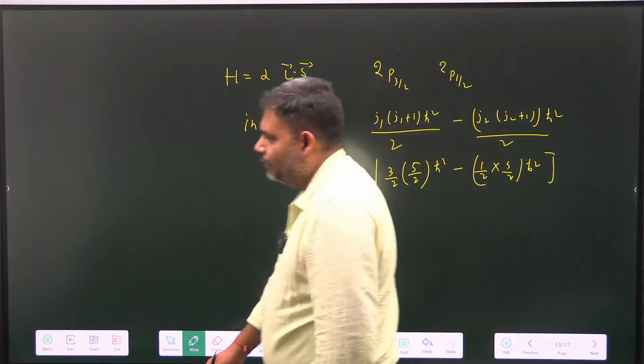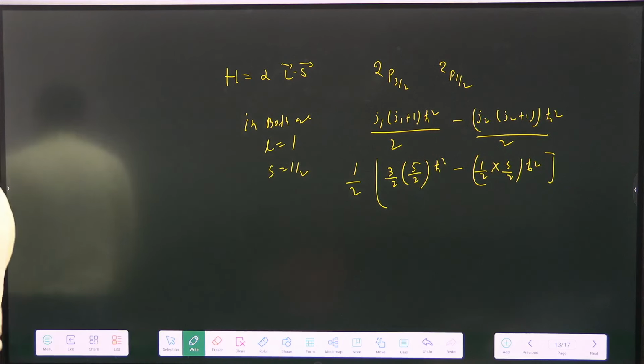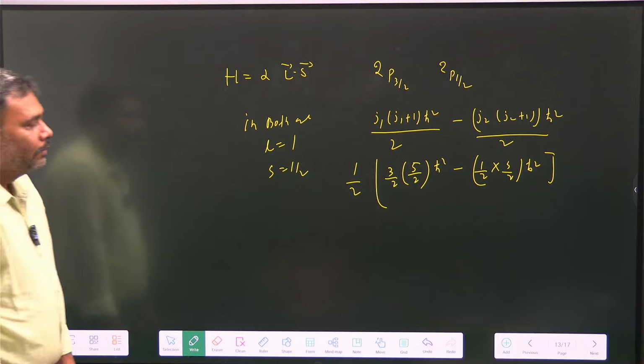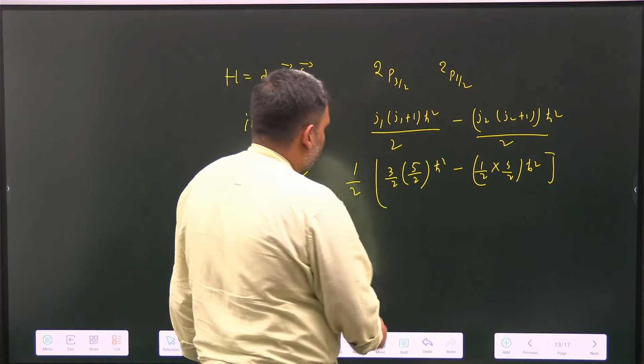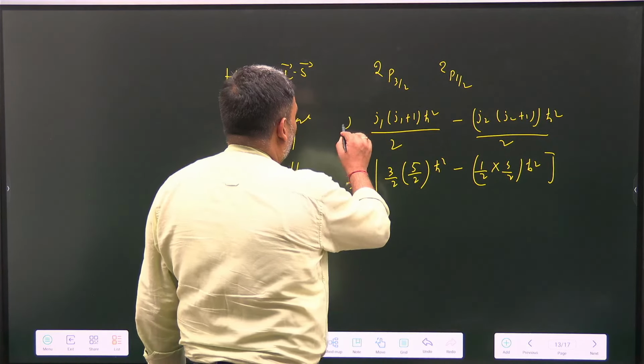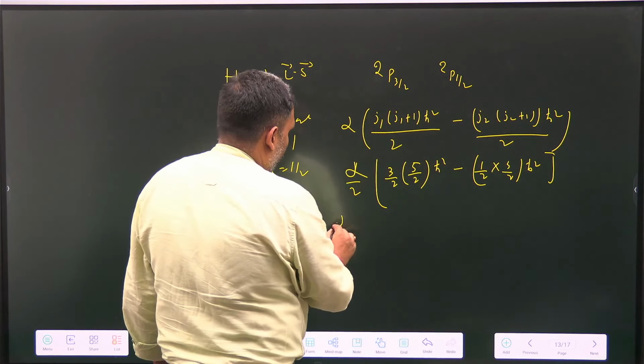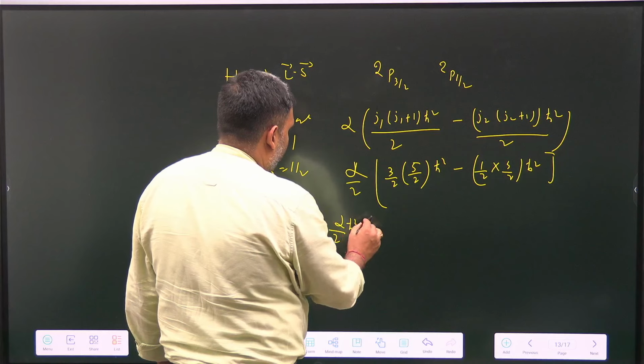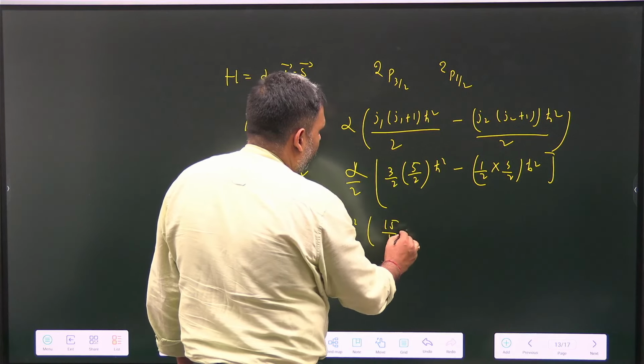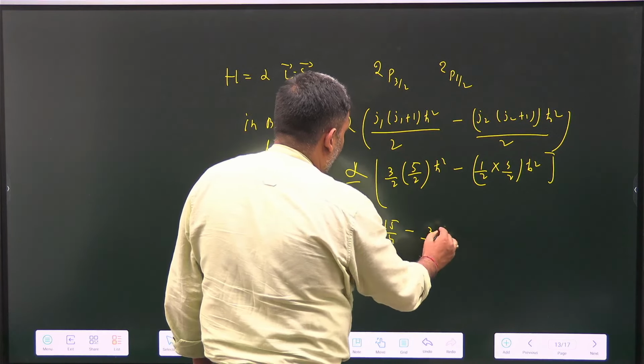So let's see what will be the value. कितना आ रहा है, and alpha is also there, so you can multiply with alpha also. So alpha by 2 h cut square, 15 by 4 minus 3 upon 4.